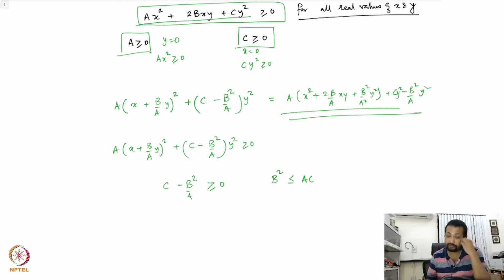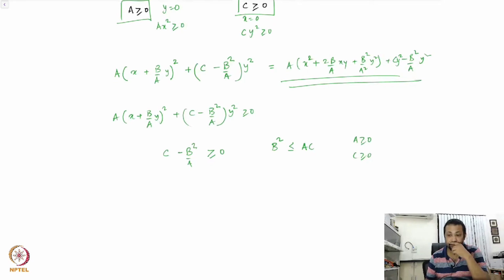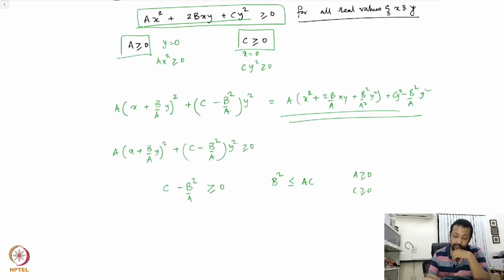Anyway, we'll consider all three conditions together. So we have a positive, c positive, and b square less than a c, right?